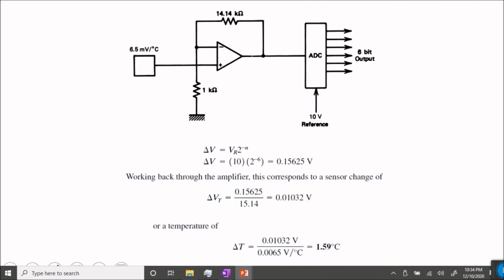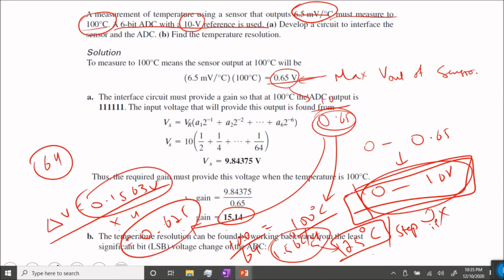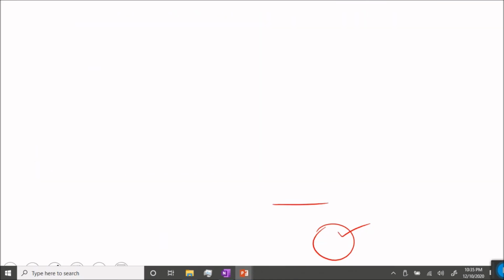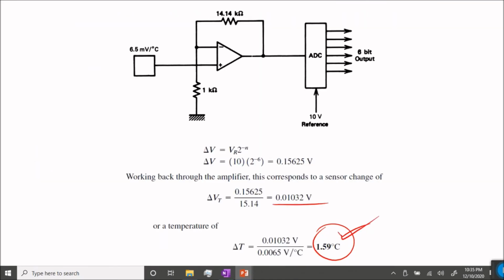So this is the circuit that they have implemented, and they have calculated that the resolution of temperature is 1.56 degrees centigrade, as we discussed here. So now I think you would understand how important it is to utilize the full range of an ADC.